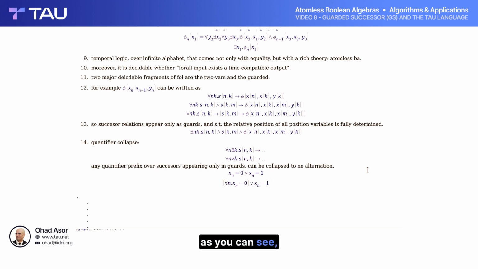By the way, if you quantify over a single position variable, then you are already guarded. You don't need the guarded successor relation. So this thing is very different than this thing. This thing says either everything is 0 or everything is 1. So we have two Boolean algebras here: one with respect to the open formulas and one with respect to the sets of models.